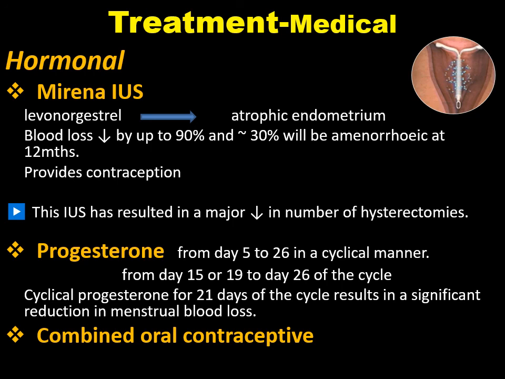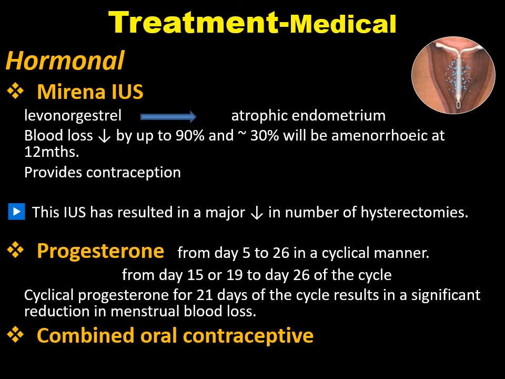So the blood loss will be reduced by almost 90%, and 1/3 of women may become amenorrheic 1 year after having the method inserted.